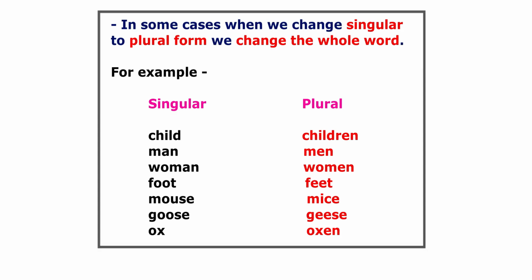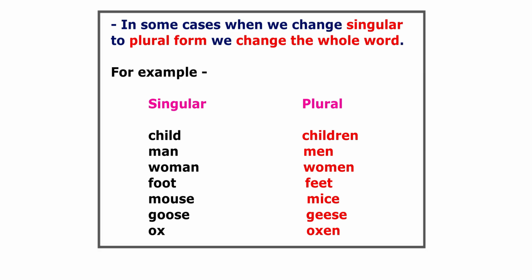Some more examples. In some cases, when we change singular to plural form, we change the whole word. Like when we are converting singular form to plural form, child, we are making it children. In plural form, we write child into children.